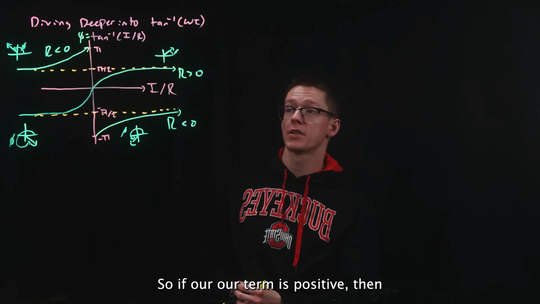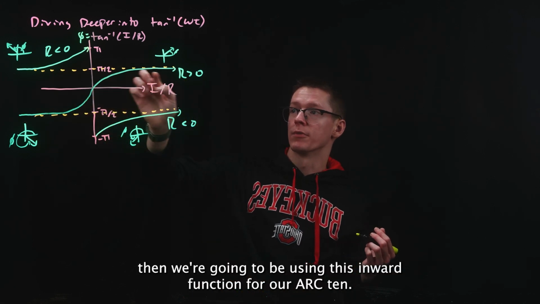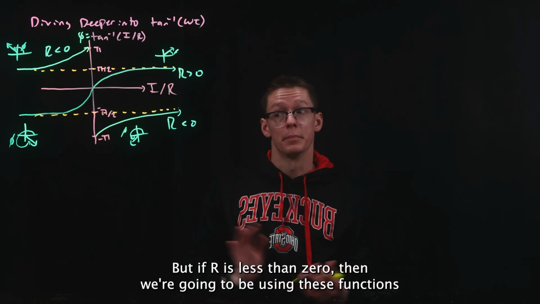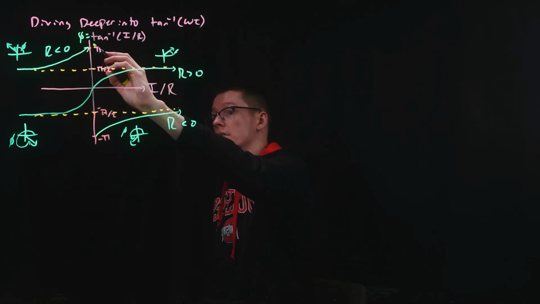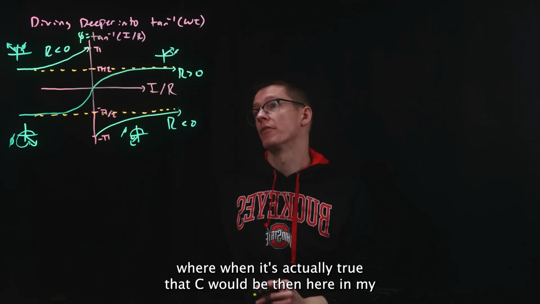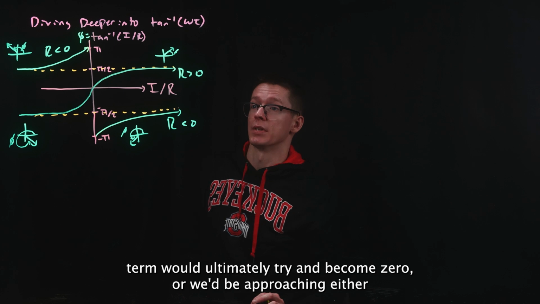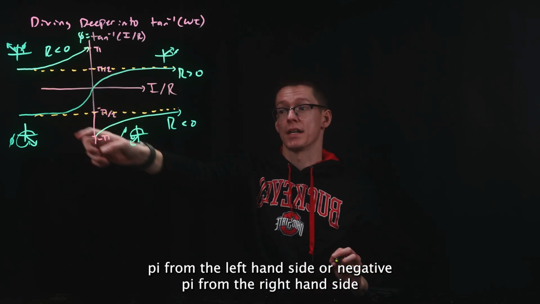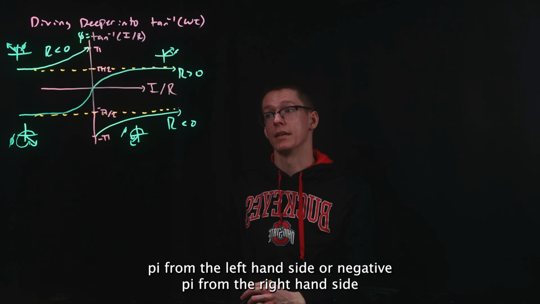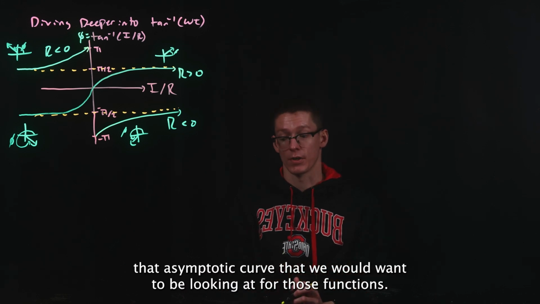So if our r term is positive then we're going to be using this inward function for our arctan. But if r is less than 0, then we're going to be using these functions, where when phi would be here, and my imaginary term would ultimately try and become 0, we'd be approaching either pi from the left-hand side or negative pi from the right-hand side, where there would be that asymptotic curve that we'd want to be looking at for those functions.